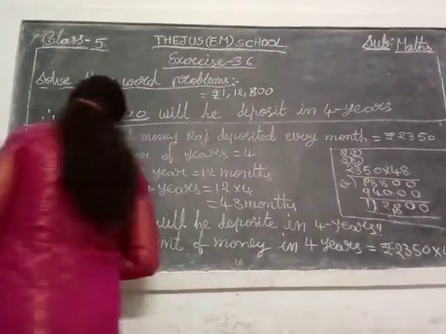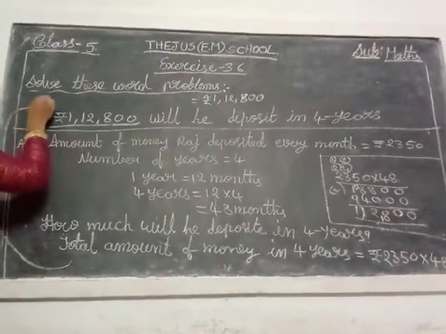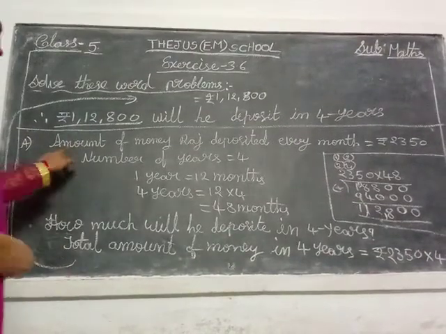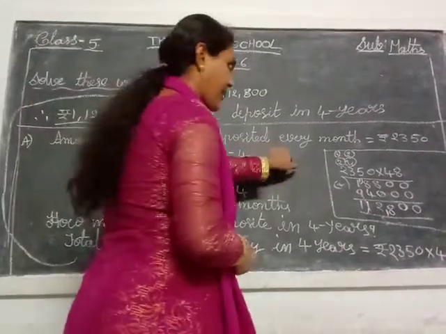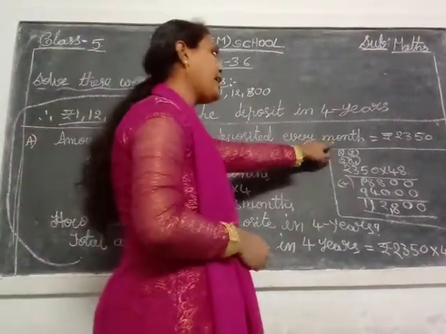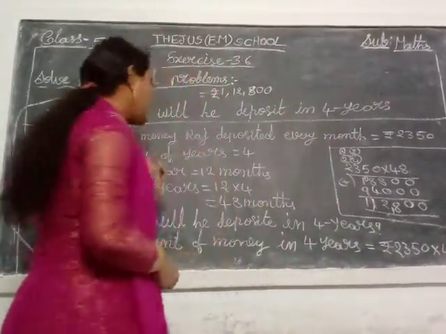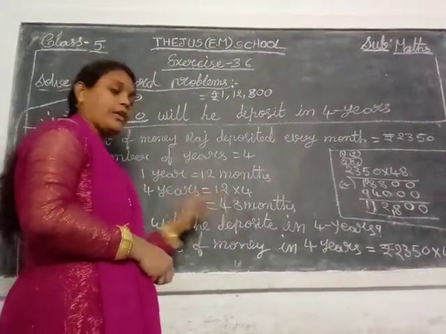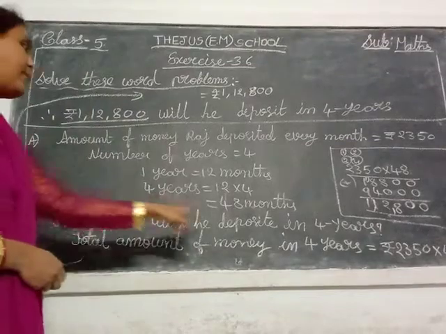Okay children, the sum is in your textbook. Note that sum after you do the solution. First you write the amount of money Raj deposited every month and the number of years, 4. So he gave here the monthly amount. So you convert these years into months. So 1 year 12 months, 4 years 12 into 4, 48 months. How much will he deposit in 4 years?